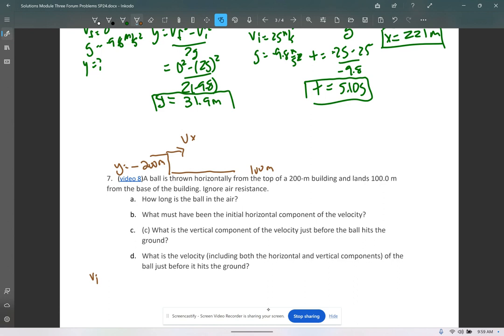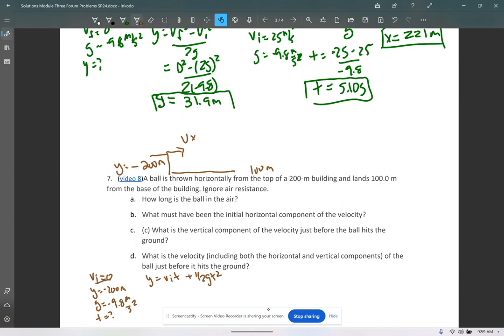Vi in the x direction is 0, y is negative 200 meters, g is always negative 9.8 meters per second squared, and we're going to be looking for time. The formula that has Vi, y, g, and t is y equals Vi t plus 1/2 g t squared.